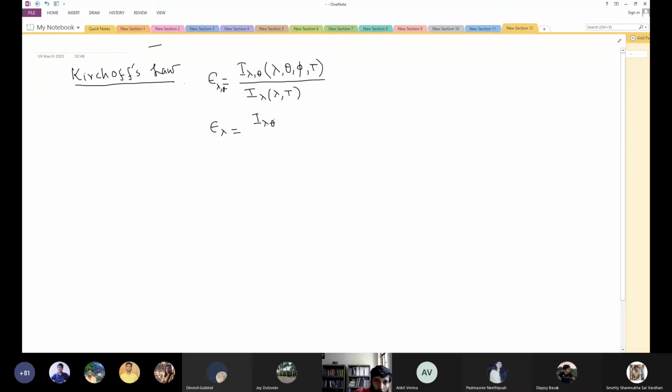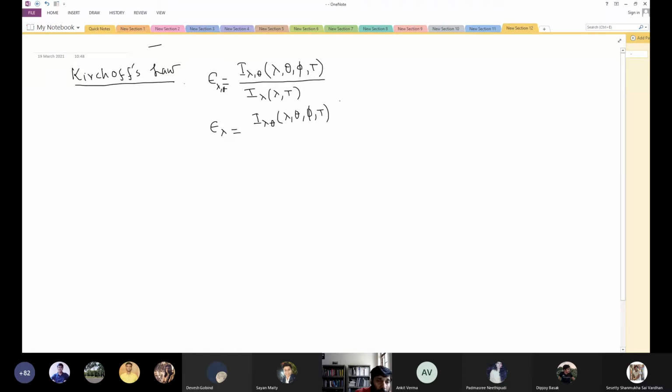So when we are integrating, we have to multiply it with cos theta sin theta d theta d phi.